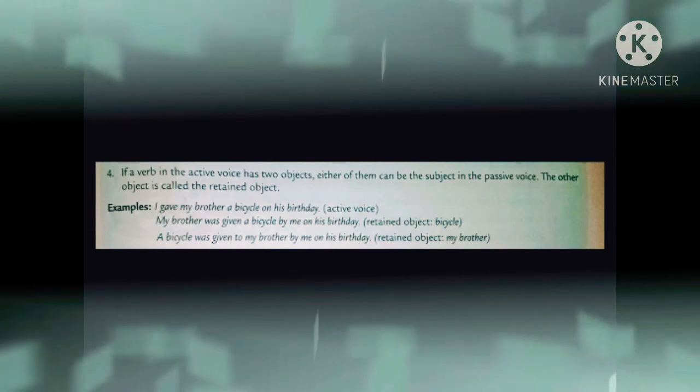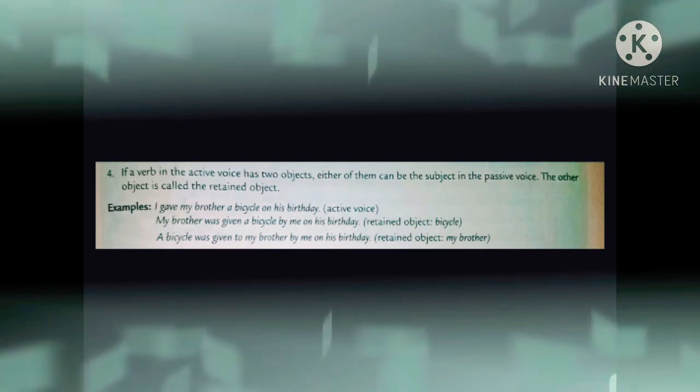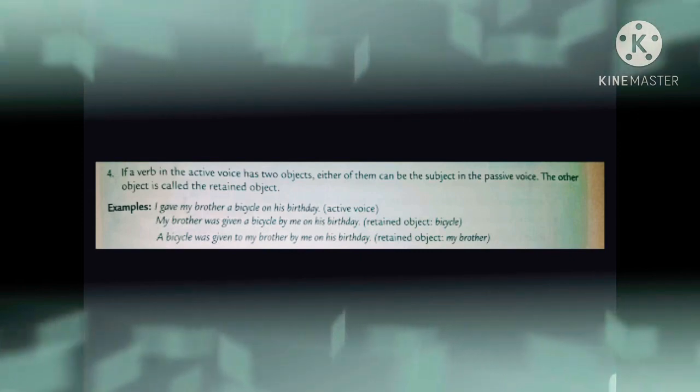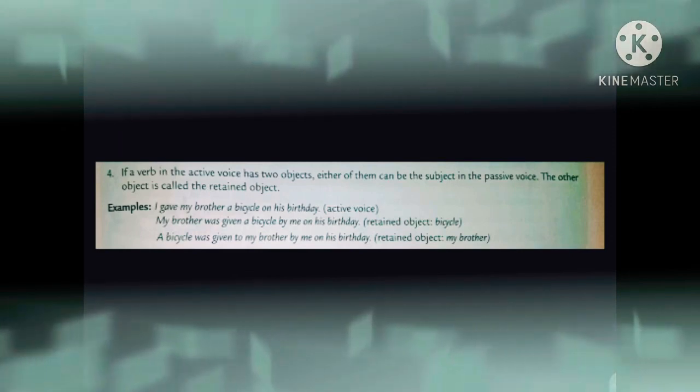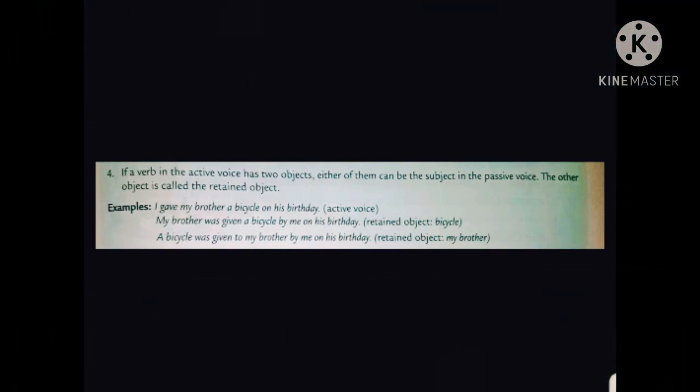Then the remaining words are the phrase. So when we convert this into passive, the sentence would be like this: my brother was given a bicycle by me on his birthday. A bicycle was given to my brother by me on his birthday. You can see that my brother or a bicycle both can be used as the subject when we convert the active voice into passive voice.